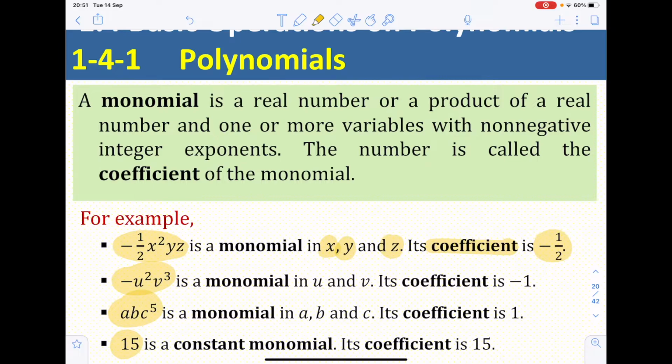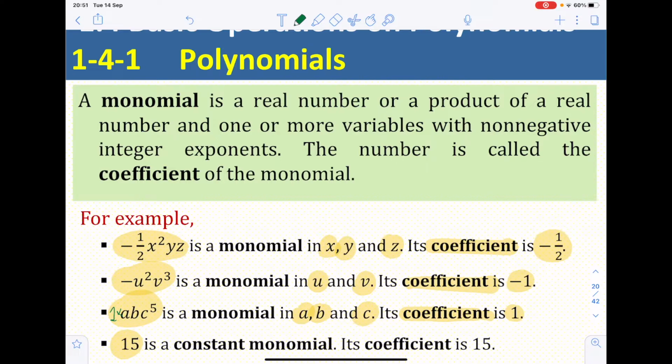Okay? And for the second one, the variables are y and v, and the coefficient is negative 1. And for the third one, a, b, c are the variables, and the coefficient equals 1. Why is the coefficient here 1? Because there is nothing, which means we multiply it by 1.